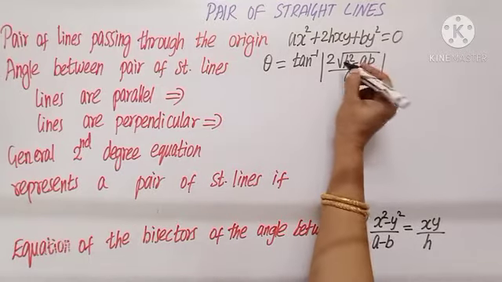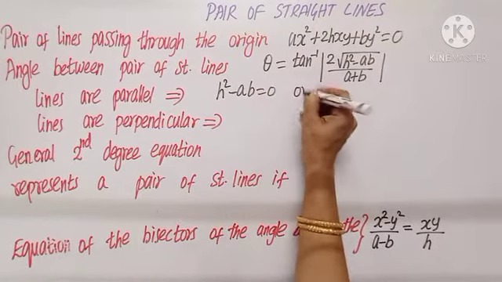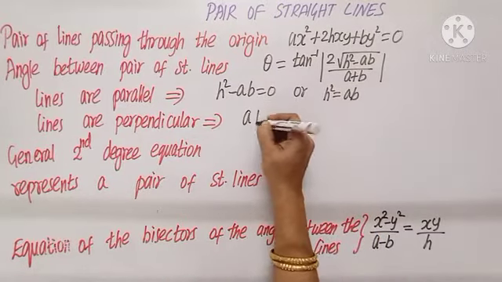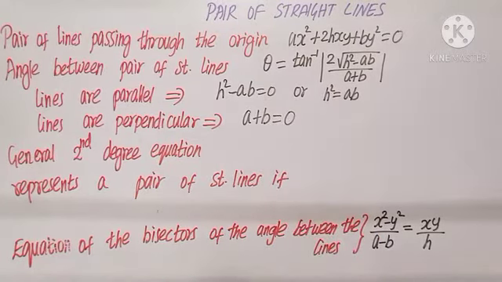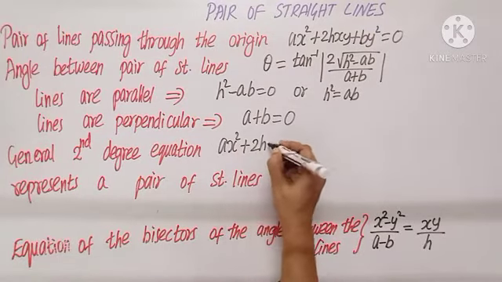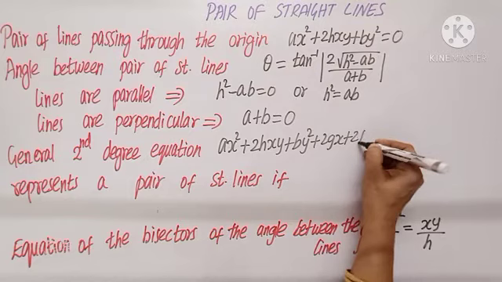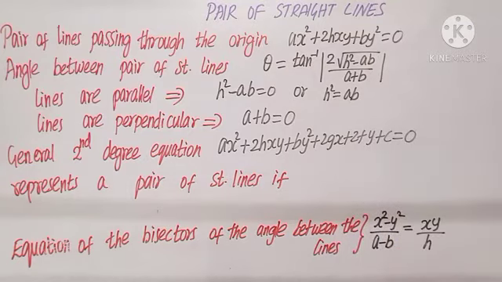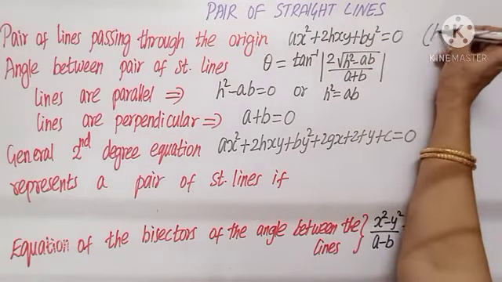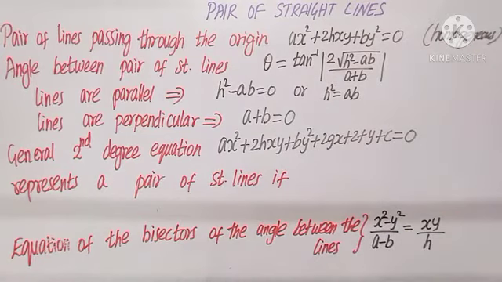The lines are parallel if h square minus ab equal to 0 or I can say h square equals ab. The lines are perpendicular if a plus b equals to 0. The general second degree equation to remember: ax square plus 2hxy plus by square plus 2gx plus 2fy plus c equal to 0. Here, degree of every term same. We call this as homogeneous when the degree of every term is same.